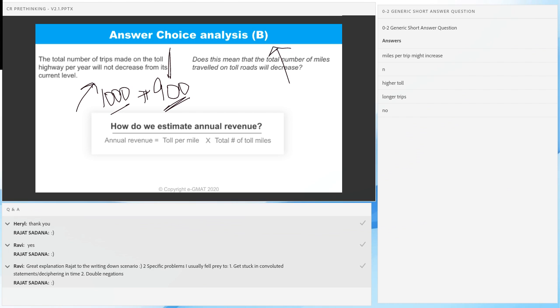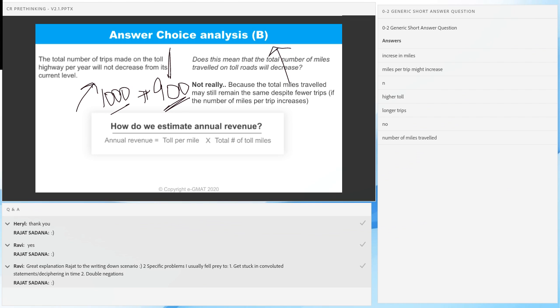Longer trips, miles per trip might increase, right? So it doesn't necessarily mean that the total miles traveled will reduce. So is choice B a must be true? No. Choice B is an excellent strengthener, but not an assumption.